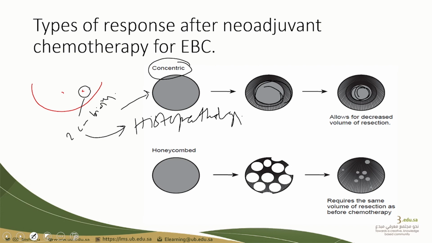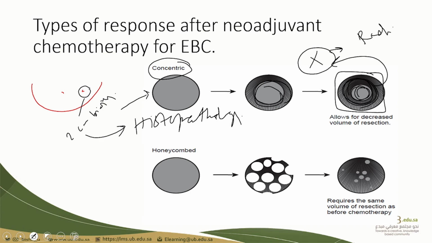So if the margins are free, there is no need for mastectomy. You have done breast conserving surgery for her by your biopsy. If it is completely gone, complete response, then this patient should go for radiation only.